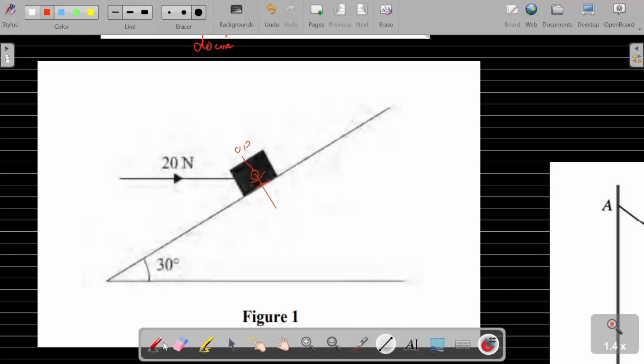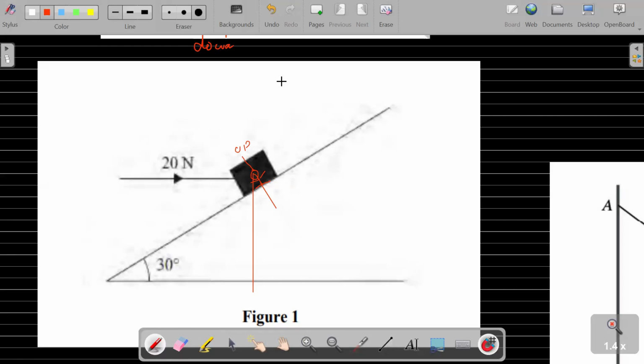And there is one more force which will be acting on it, and that will be weight. As you know, weight always acts like this. Weight always has to be acting downward, towards the center of Earth. Now, we are going to make some rules for that.